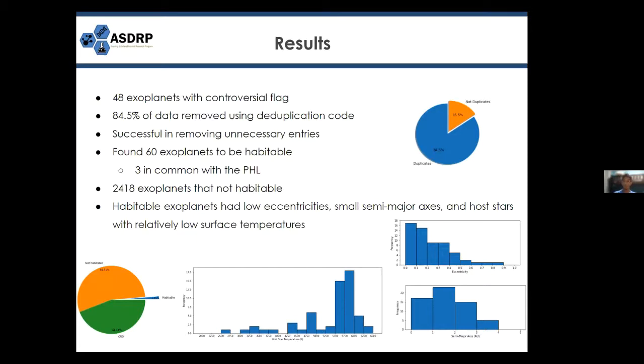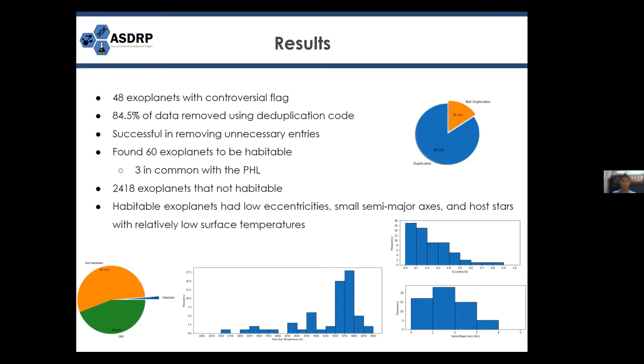As mentioned earlier, we found 6 exoplanets to be particularly habitable, with 3 in common with the PHL dataset. Roughly 2,500 planets were deemed not habitable, where exoplanets had low eccentricities, a small semi-major axis, and host stars with low surface temperature, which again can relate because low surface temperatures mean that a planet's eccentricity lies within the zone that can sustain carbon-based life.